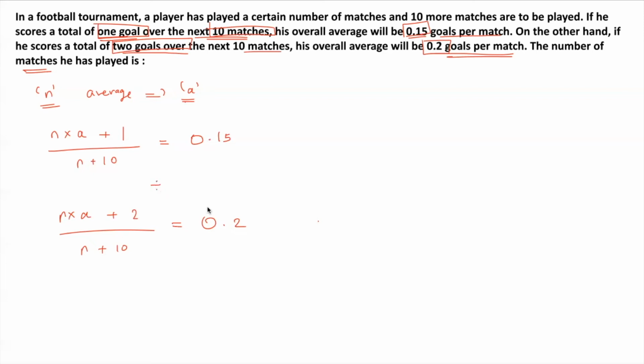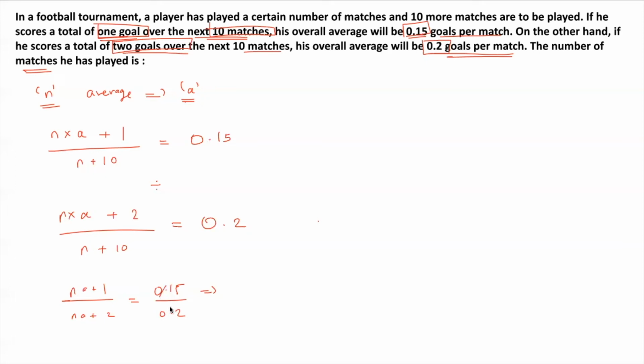When we divide, n plus 10 cancels. We get (na plus 1) divided by (na plus 2) equal to 0.15 divided by 0.2. On simplifying, you can multiply both above and below by 100.